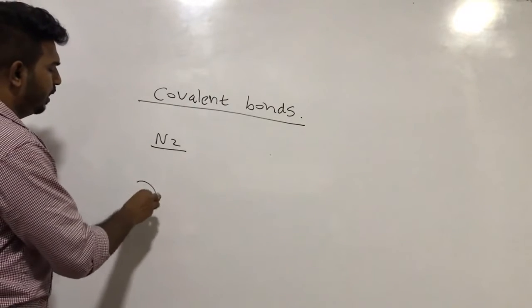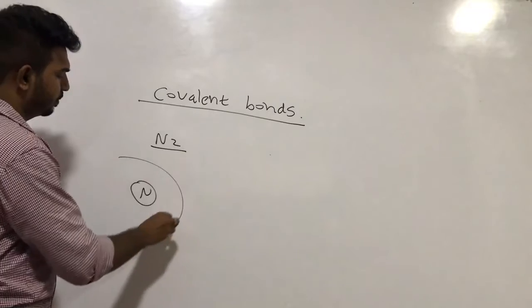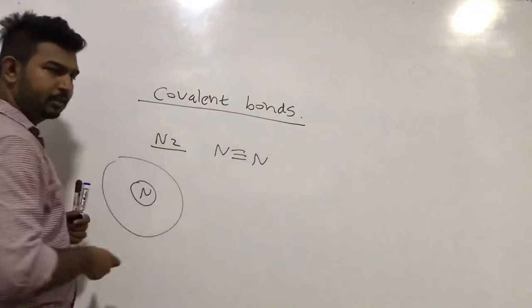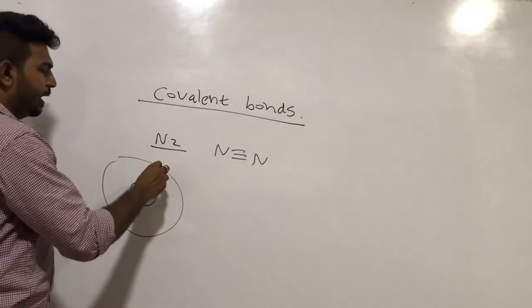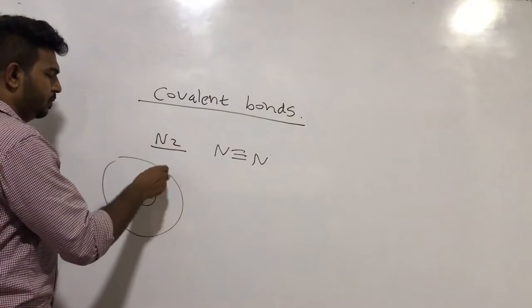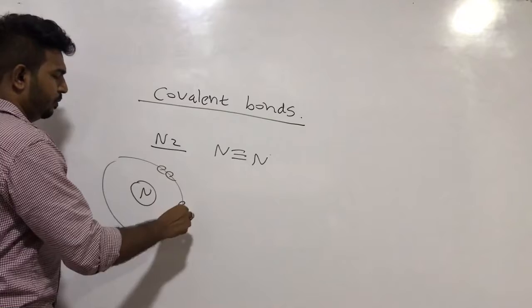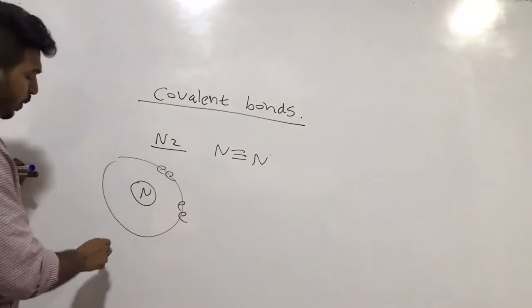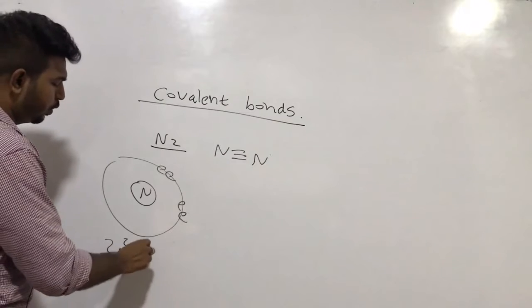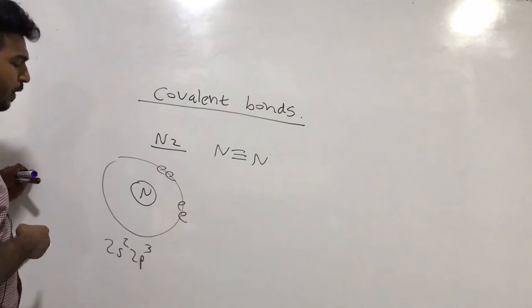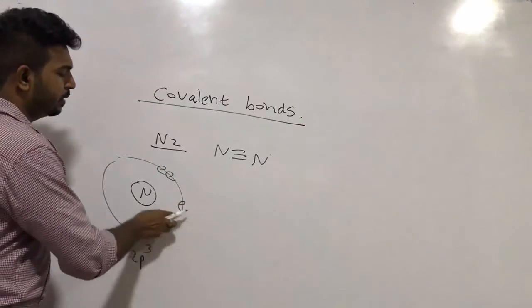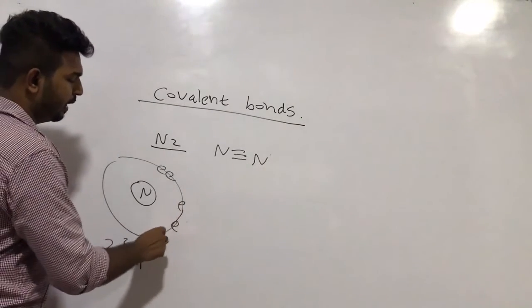Nitrogen has a 2s2, 2p3 structure, that means 5 electrons, but there are 3 single electrons.